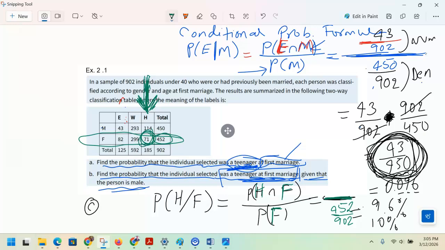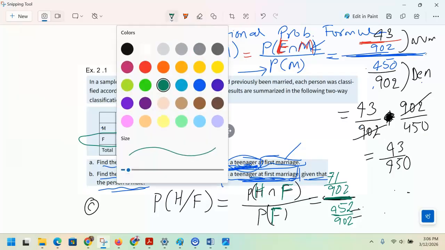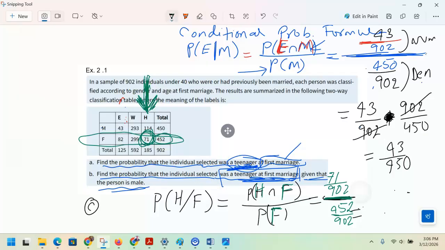That means 71 out of 902. Now both have the same common denominator, so we can directly write keep change flip if you want, or you can just cross out this 902. They are both denominators, and you get 71 out of 452. I hope that made sense.